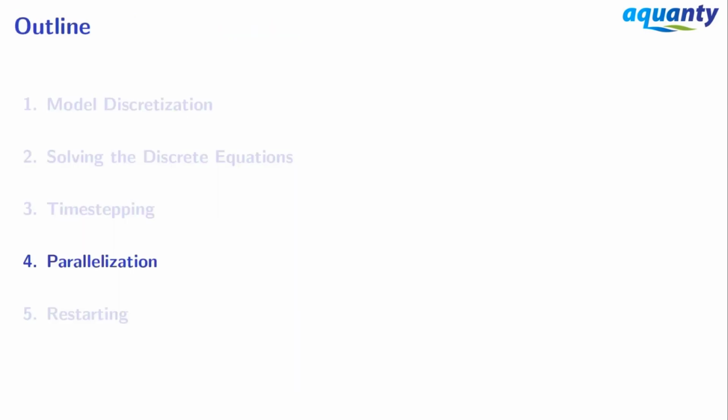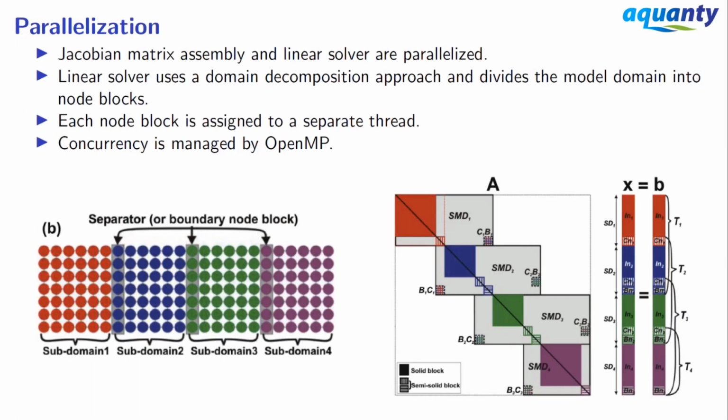Now we're going to briefly discuss parallelization and restarting in HGS. The Jacobian matrix assembly and the linear solver are both parallelized. The linear solver uses a domain decomposition approach, which divides the model domain into a number of node blocks, and each node block is then assigned to a separate thread.